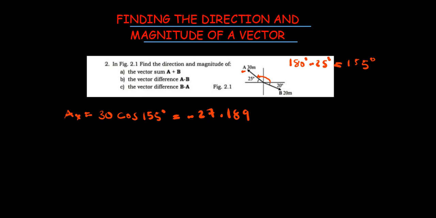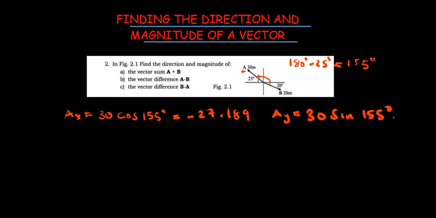I must then find the y component. A_y must be equal to the magnitude, which is 30, then since I'm dealing with y, I use sine of the angle, which is 155 degrees.